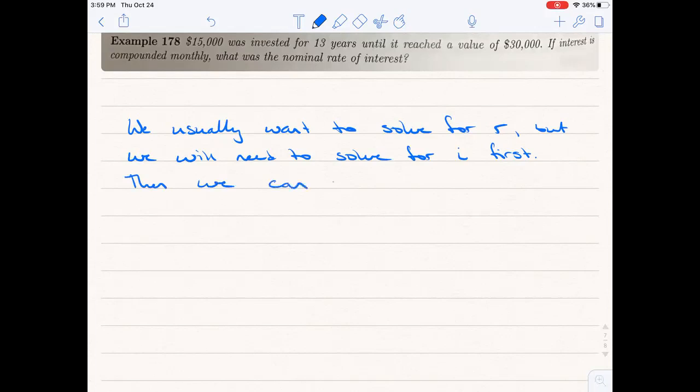Then we can use the fact that I equals R over F to solve for R. Right? So we're just undoing what we usually do, working backwards.